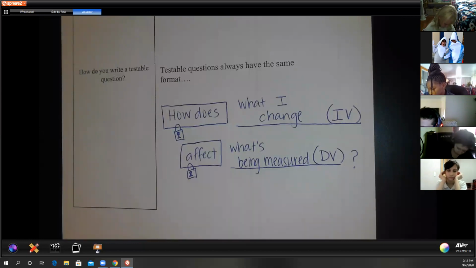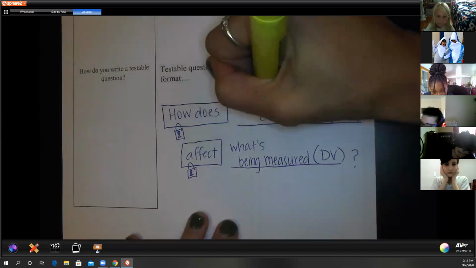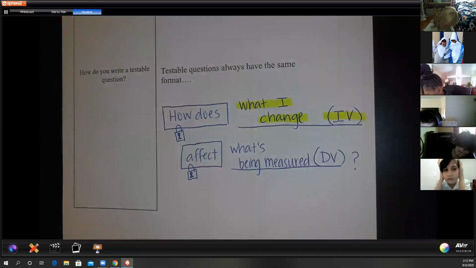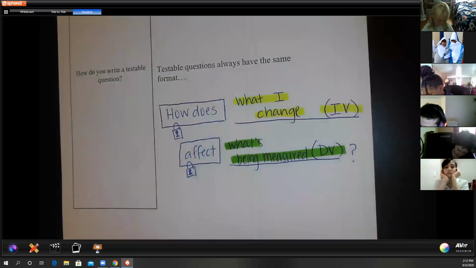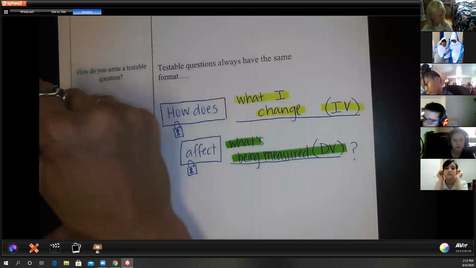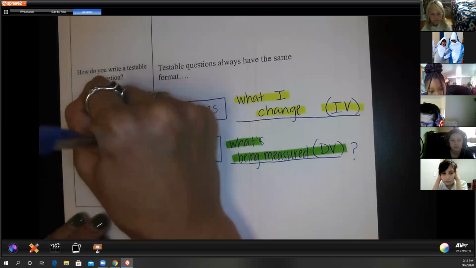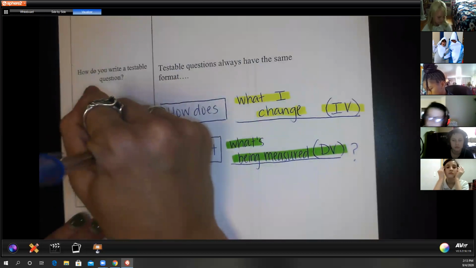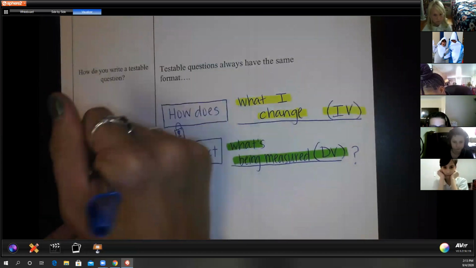I'm a very visual person. So I'm going to have my independent variable be yellow, and my dependent variable is going to be green. Remember, I'll write it on the side. IV equals independent variable, unless you want to write independent variable every single time. I didn't think so. So we're going to use scientific shorthand because we're scientists.